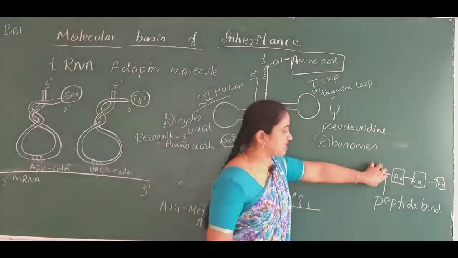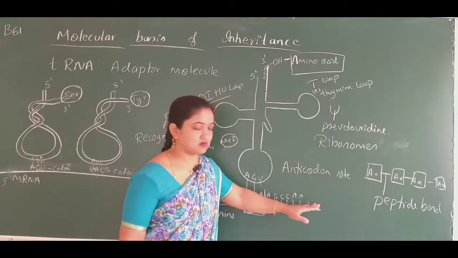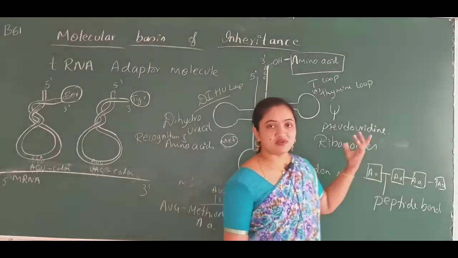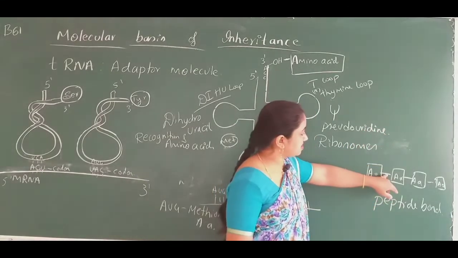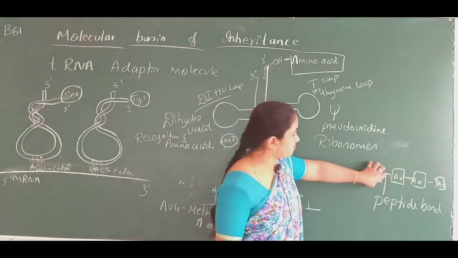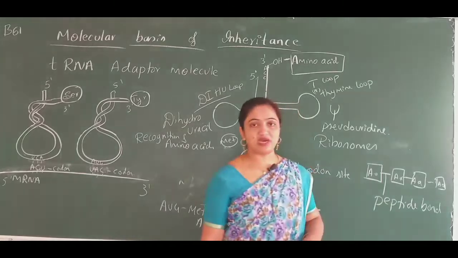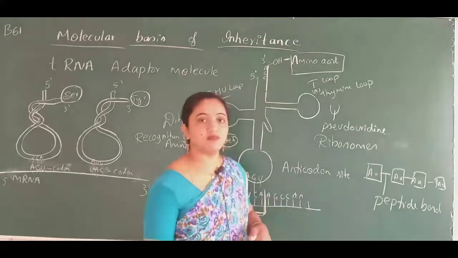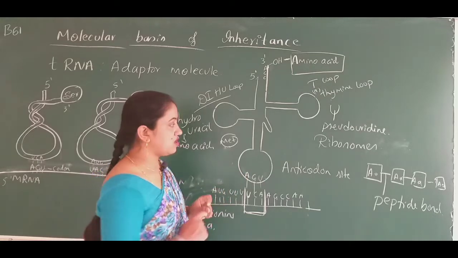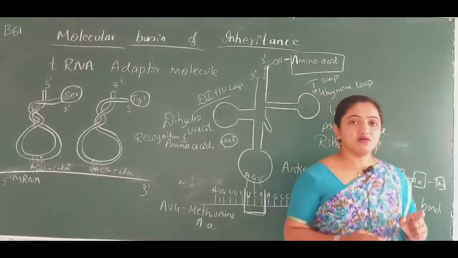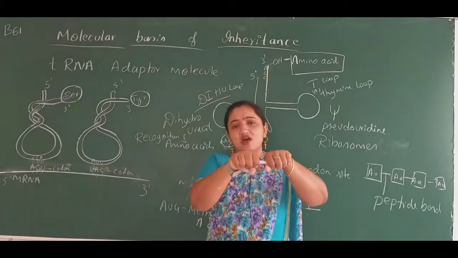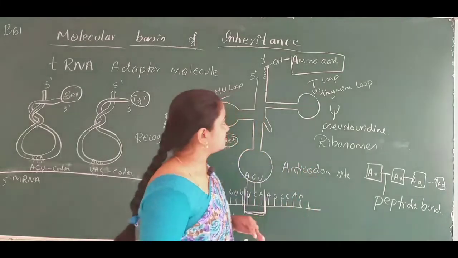We have the amino acids, we have the nucleotide base pairs. What is left over now? The leftover thing is that the peptide bond should form between one amino acid and one more amino acid. How will it form? Where is the site of forming the peptide bond? How is the peptide bond synthesized, or how do one amino acid and one more amino acid link? So that we will understand.